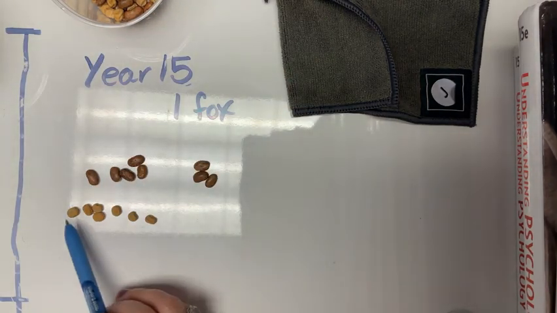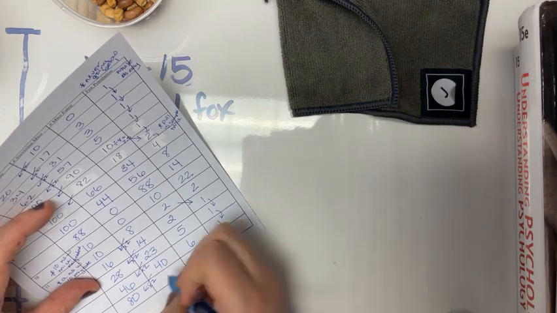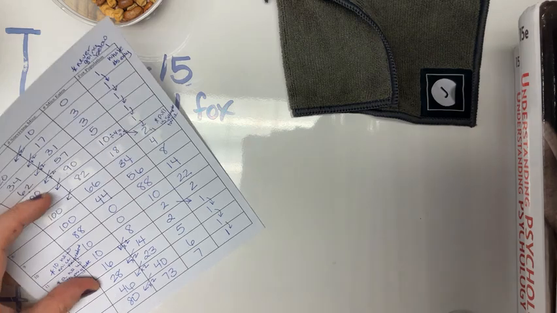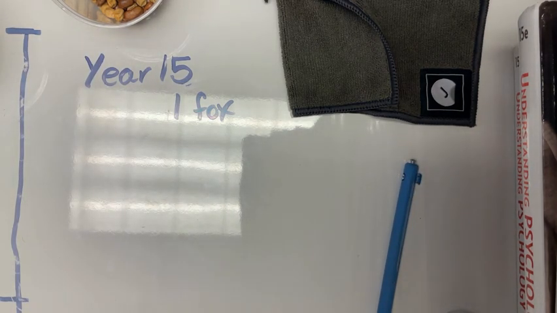All right, so that means I have 1, 2, 3, 4, 5, 6, 7. So that means I would have 73 survive. All right, so that's it.